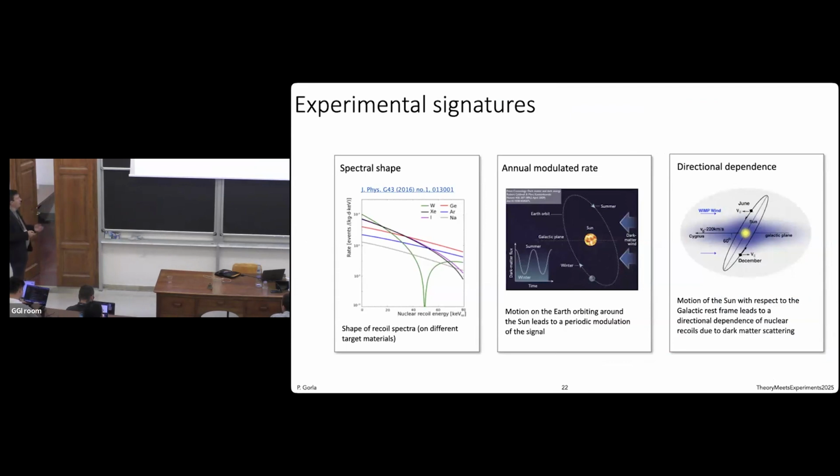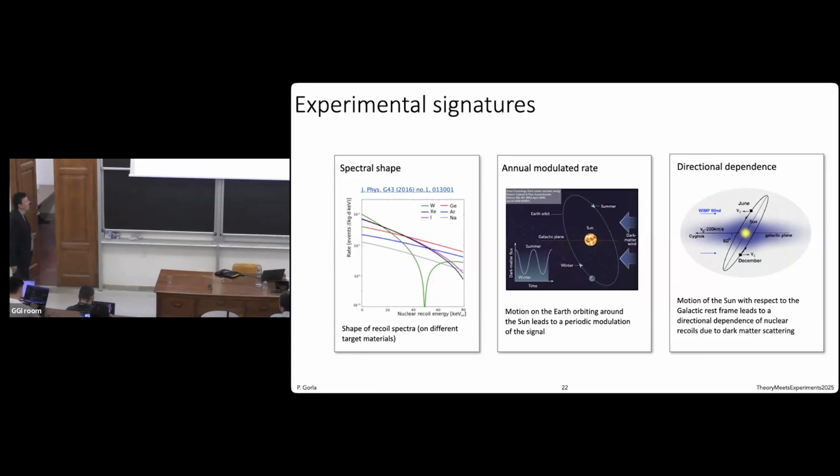Experimental signature, again, you heard a lot about this. Spectral shape is not really catching us too much because it's a very simple rising semi-exponential spectrum. The annual modulation rate is in principle a very good signature, but of course depends on the way the halo is made and the interaction is made.